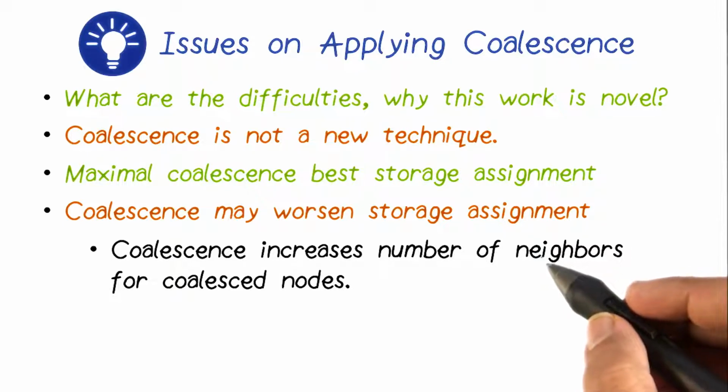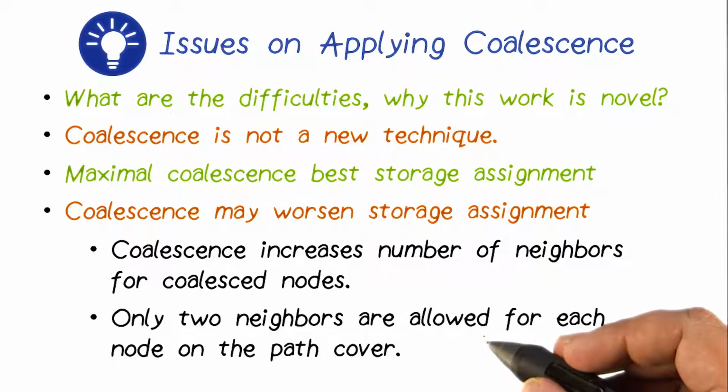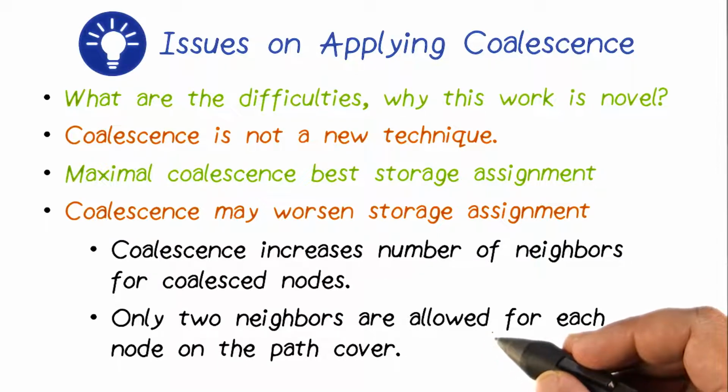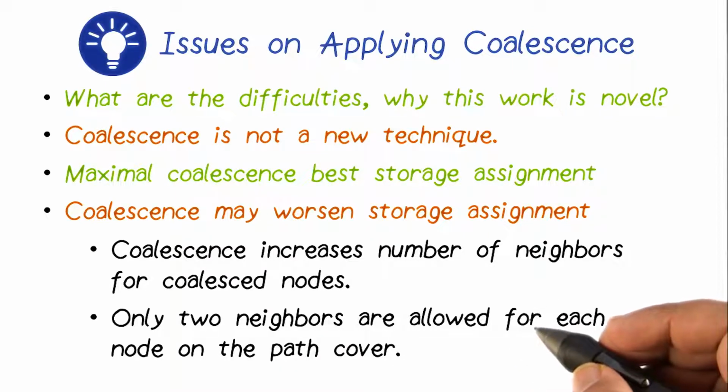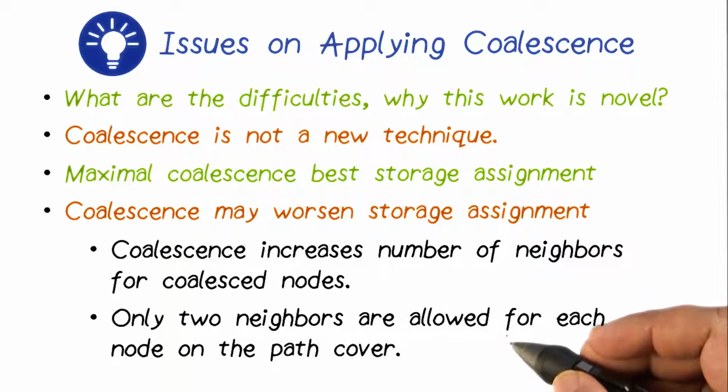So it degrades the topology of the access graph. Here is how. Our problem is one of finding the path cover. That means in our solution, only 2 neighbors are allowed for MWPC. And if you increase the degree of the nodes, the MWPC has to work much harder to select those 2 nodes because there is a choice of multiple nodes now under coalescence.